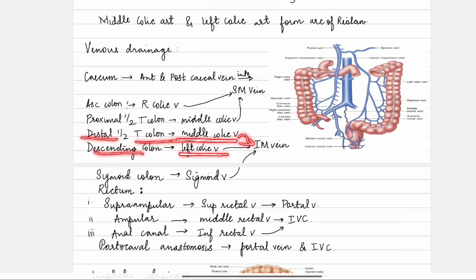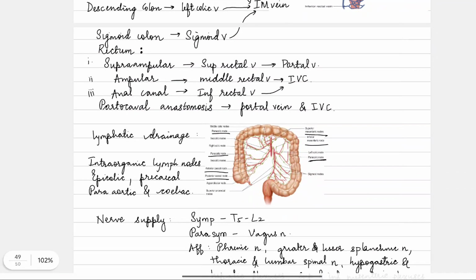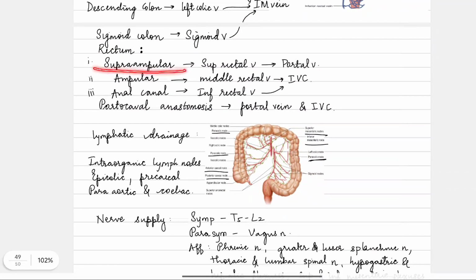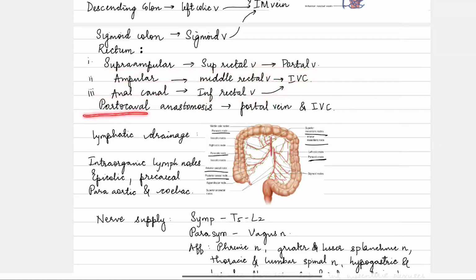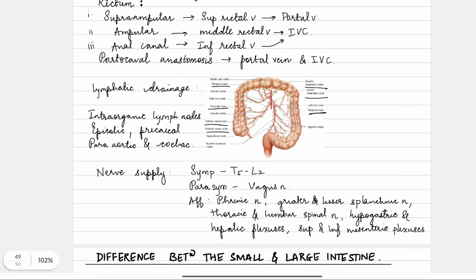Descending colon through left colic vein to the inferior mesenteric vein. Sigmoid colon through sigmoid vein into inferior mesenteric vein. Rectum, supraampullary, superior rectal vein, portal vein. Ampullary, middle rectal vein into inferior vena cava. Anal canal, inferior rectal vein to inferior vena cava. Portocaval anastomosis is between portal vein and inferior vena cava.